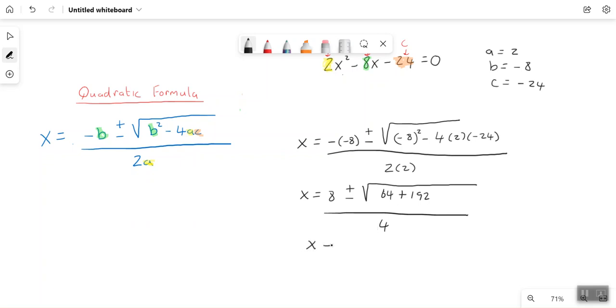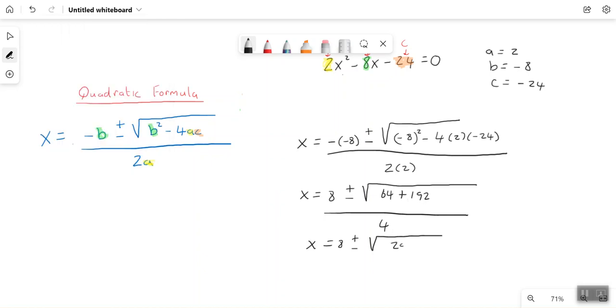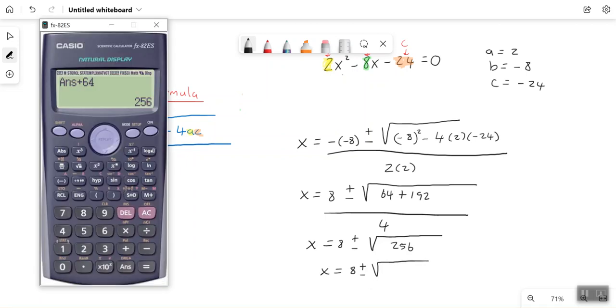So it's going to be x is equal to 8 plus or minus the square root of 64 plus 192. 64 plus 192 will give me 256, that's the square root of 256. And then that's x is equal to 8 plus or minus the square root of 256.